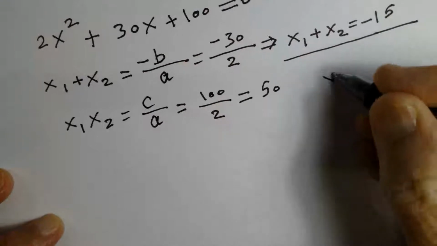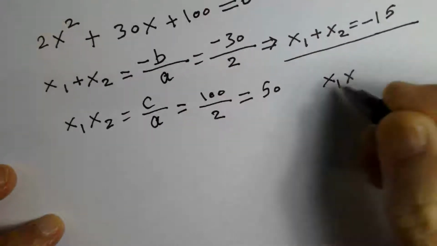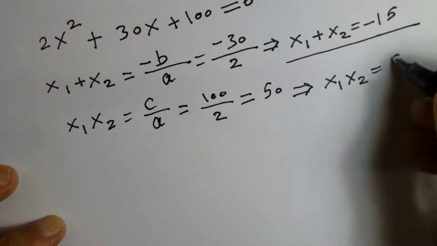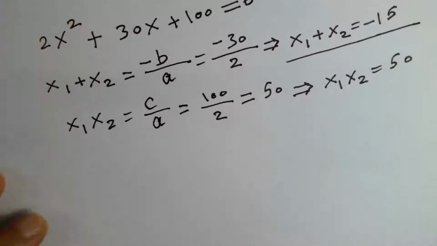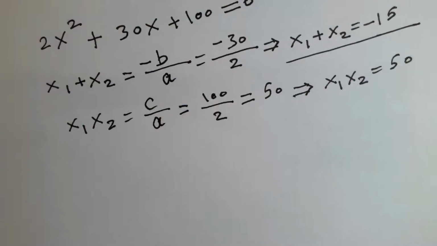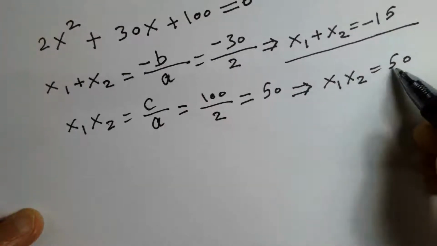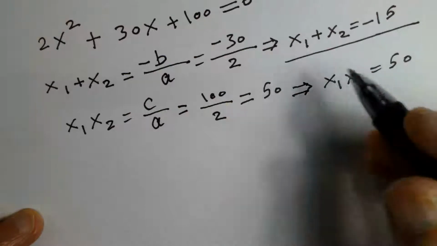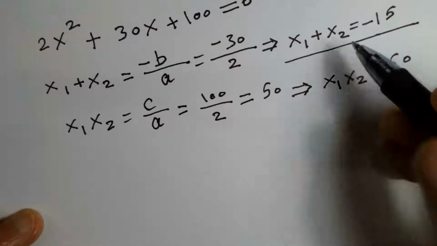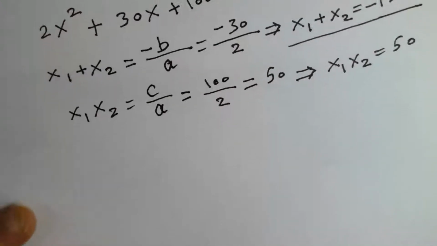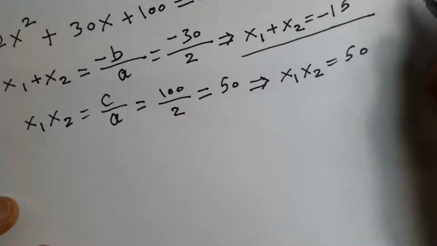So x1 x2 is equal to 50. Now, if we have two numbers whose addition is minus 15 and whose multiplication is 50, then x1 and x2 are those numbers.